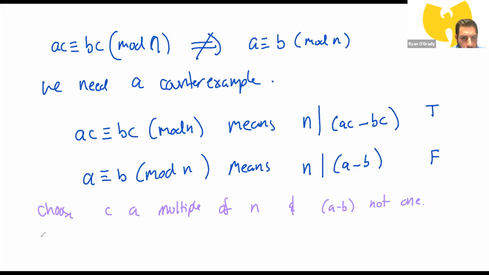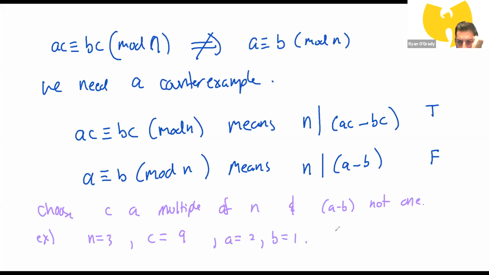So for example, here's one you could do. Let's say n is 3. Let's say C equals 9. And let A equal 2, B equal 1. So let's try it.